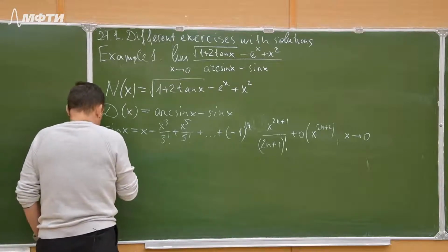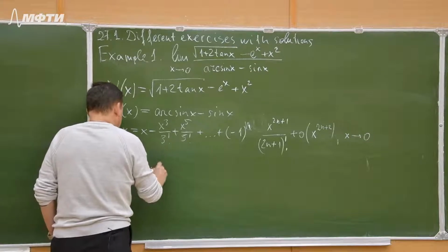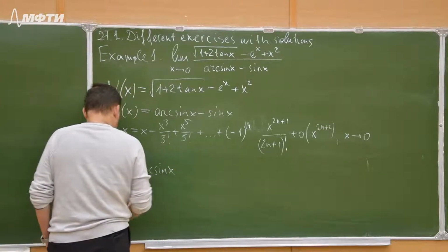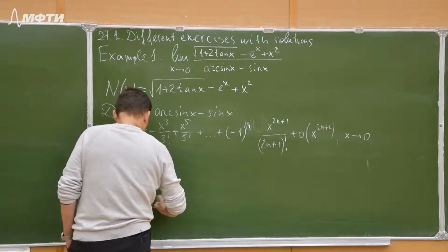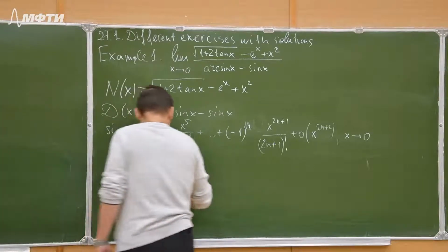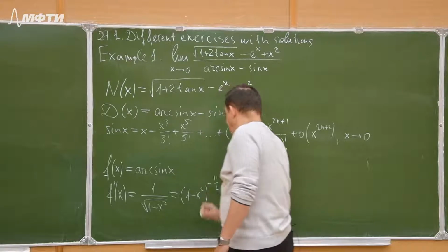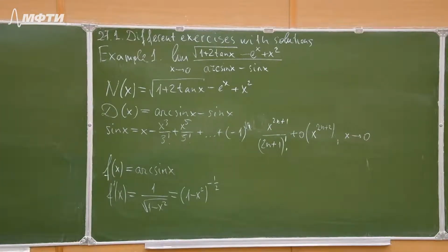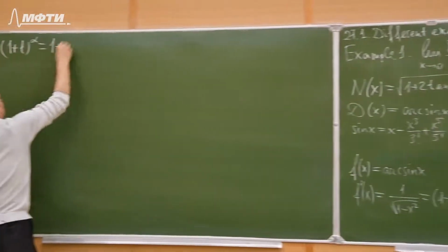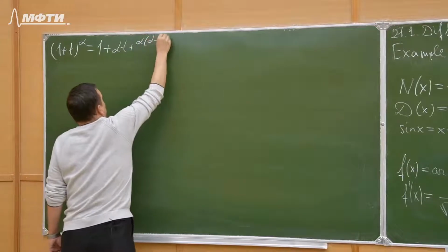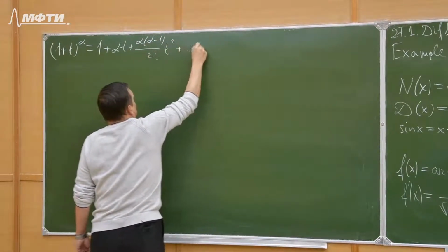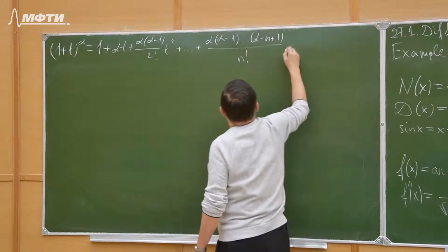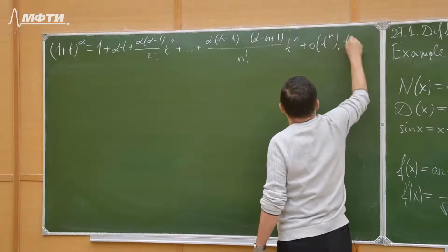So how to do it? If we denote f of x is arc sine x, then the derivative f prime of x is 1 over square root of 1 minus x squared, or 1 minus x squared to the power minus 1/2, and it means that we can use one of the main expansions: 1 plus t to the power alpha is equal to 1 plus alpha t plus alpha times alpha minus 1 over 2 factorial t squared plus and so on, plus alpha, alpha minus 1, and so on, alpha minus n plus 1, over n factorial t to the power n, plus little o of t to the power n as t tends to 0.